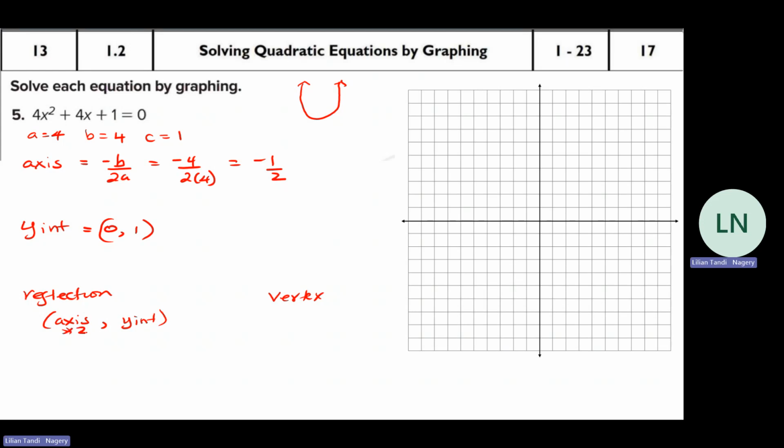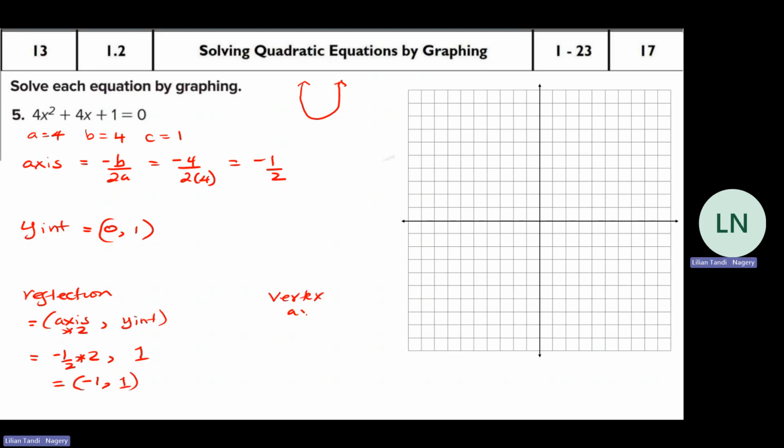But axis times 2, not just axis, axis times 2. Axis times 2 will be -1/2 times 2, which will give you -1. Okay? And y-intercept is already 1, so this is -1, 1.